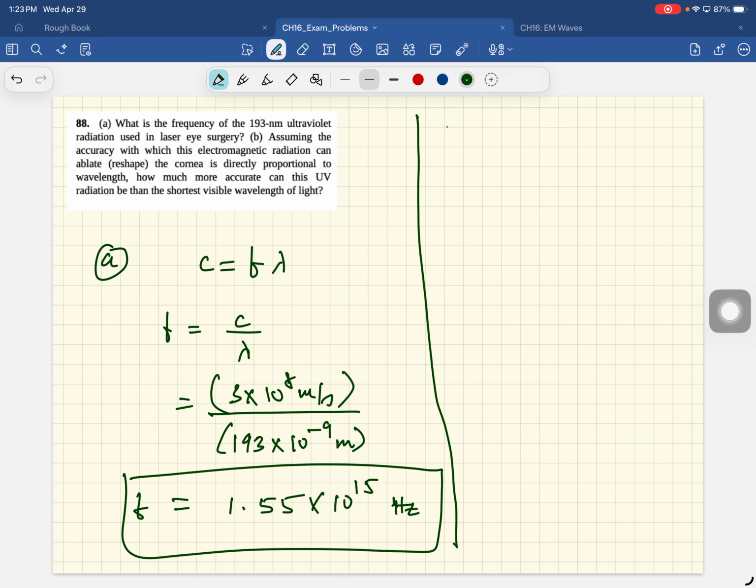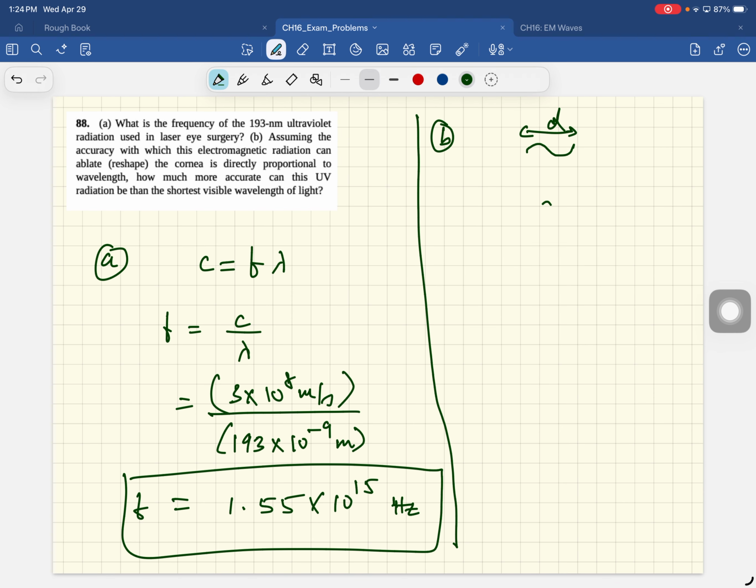And then, assuming the accuracy with which this electromagnetic radiation can ablate, reshape the cornea is directly proportional to the wavelength. All right, so the reason they are using an ultraviolet light is, see, the smallest spot you can focus on is roughly equal to the wavelength.